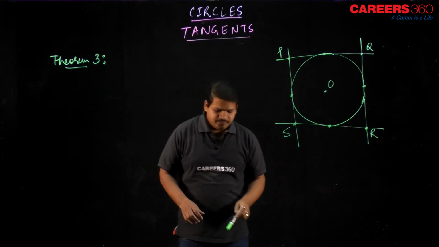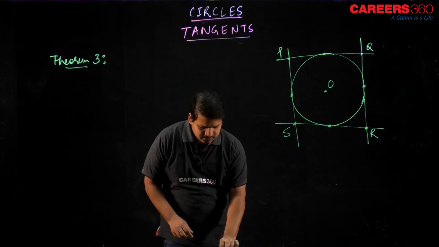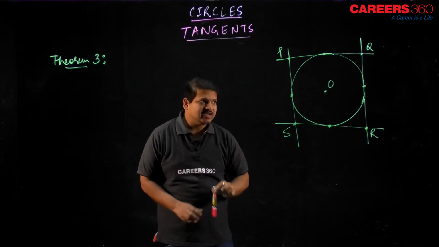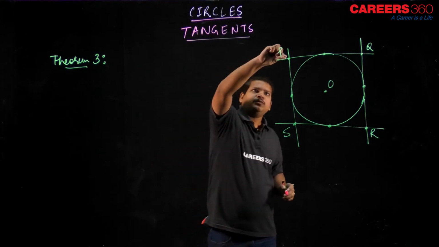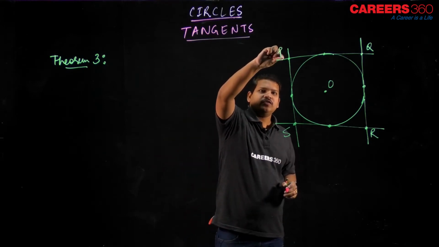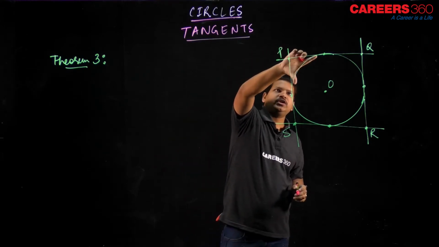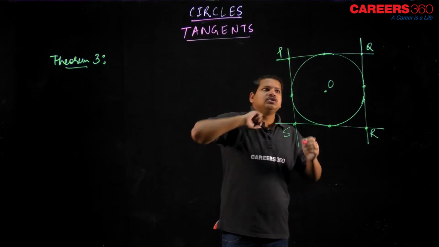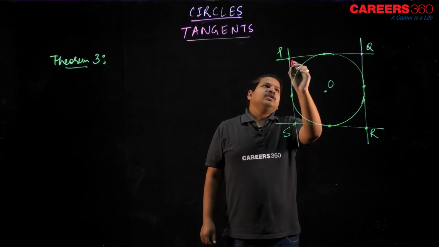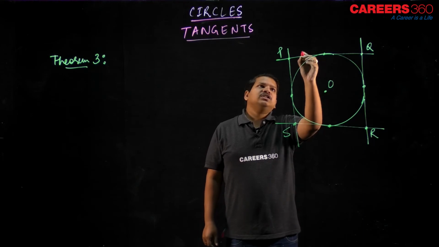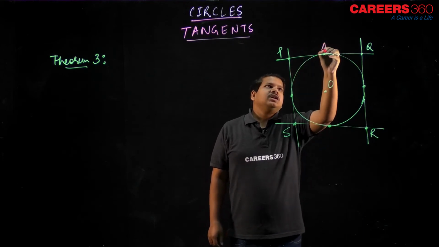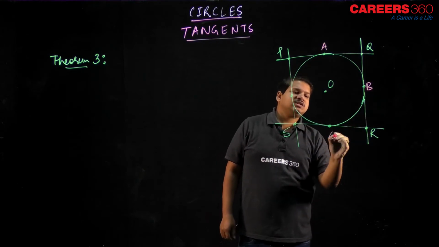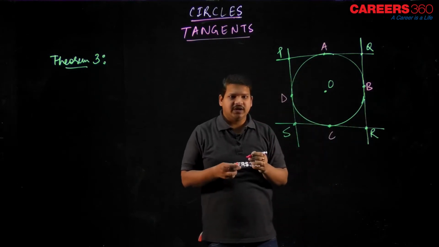Now from here what I can say is that this is a point which is outside of a circle and the two tangents are being drawn. So if I talk about this particular length, let's name these as well, A, B, C and D, right?